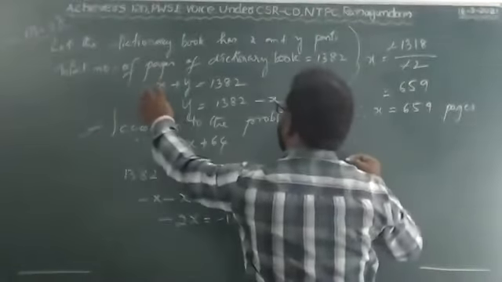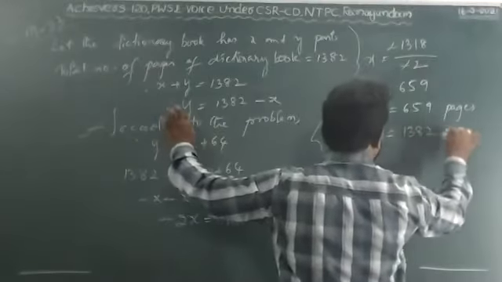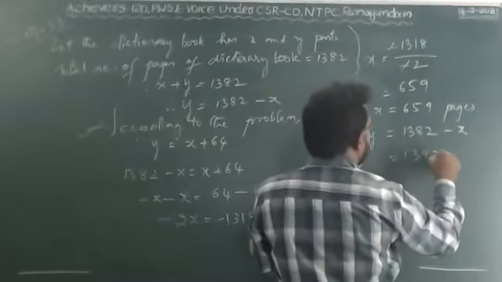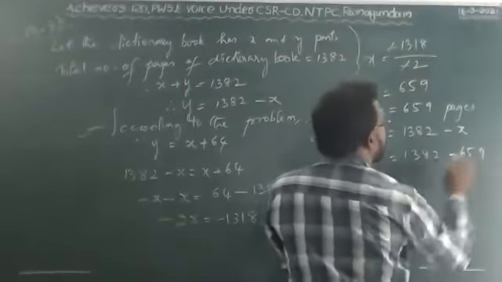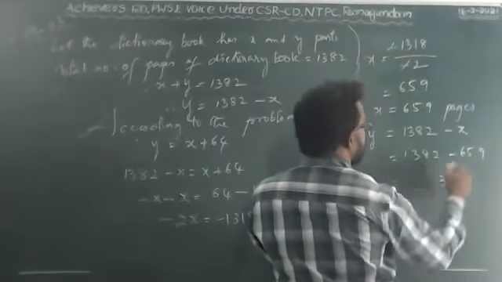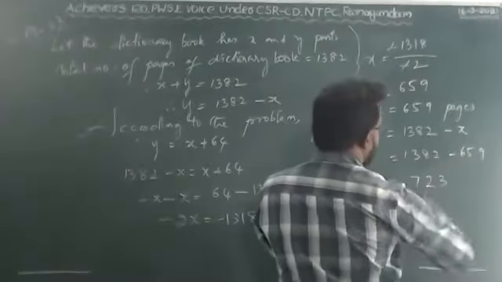And since y is equal to 1382 minus x, subtract 659 from here. So what will you get? 12 minus 9 is 3. 7 minus 5 is 2. And 13 minus 6 is 7.